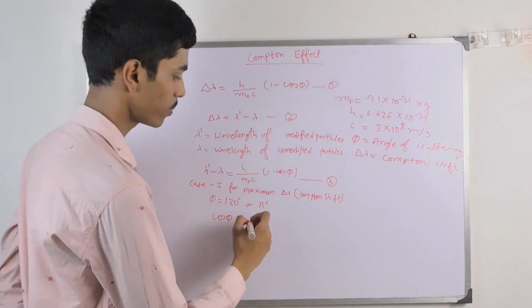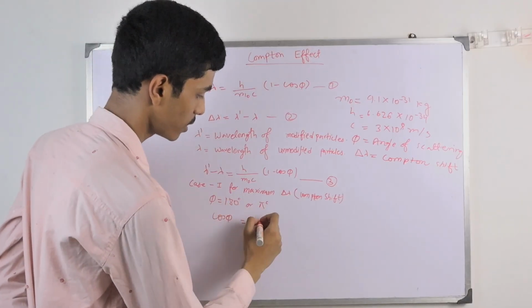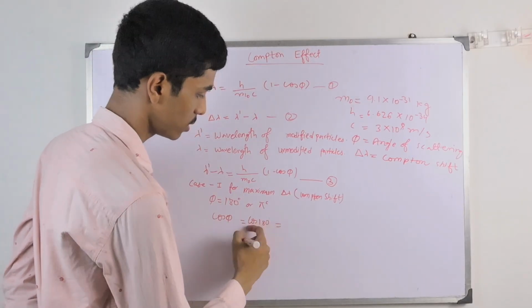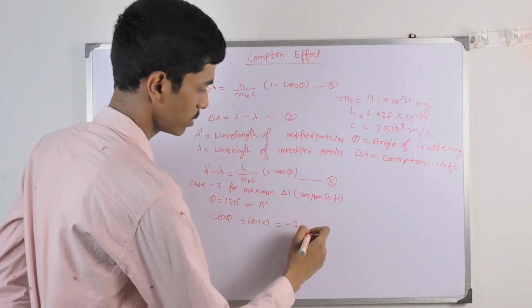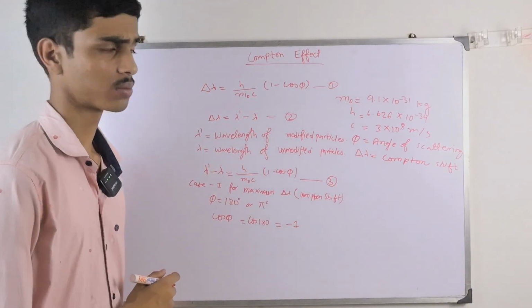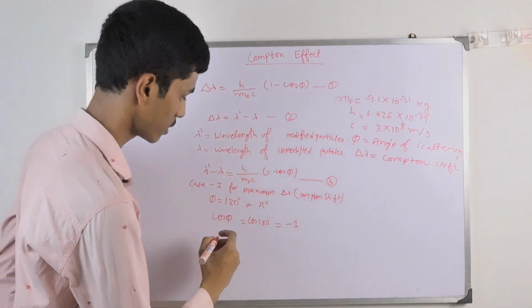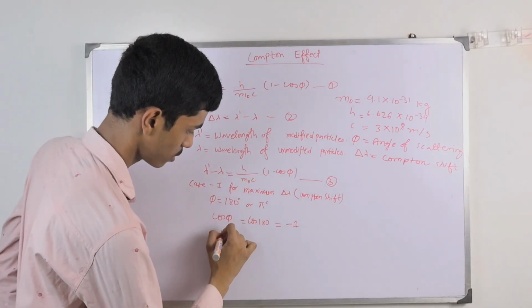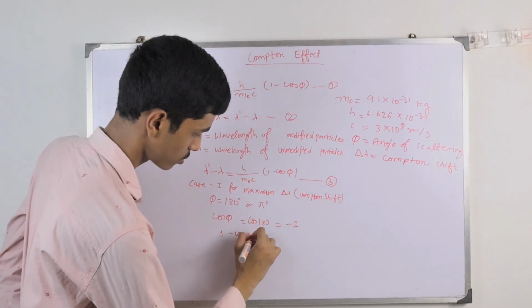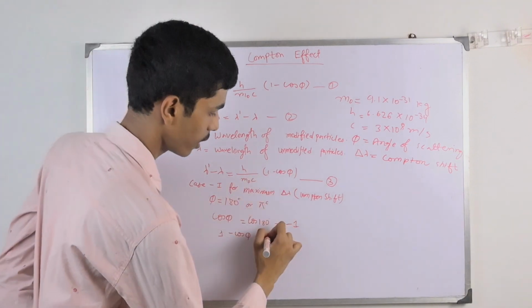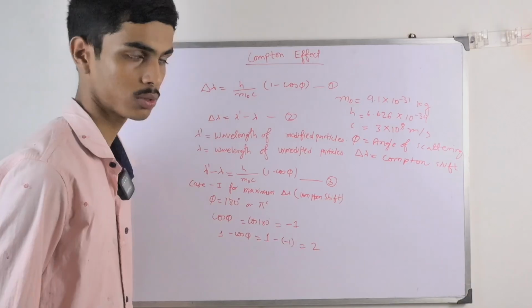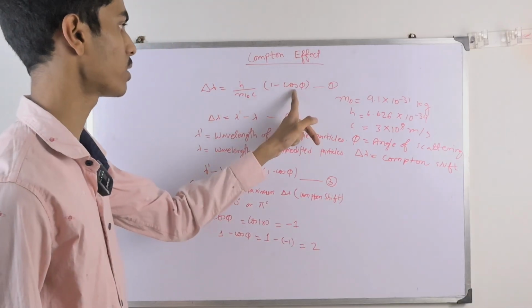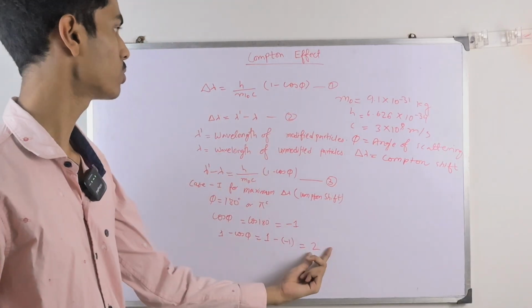Cos phi will be cos of pi or cos of 180, which is minus 1. So 1 minus cos phi is 1 minus of minus 1, which is 1 plus 1, equal to 2.